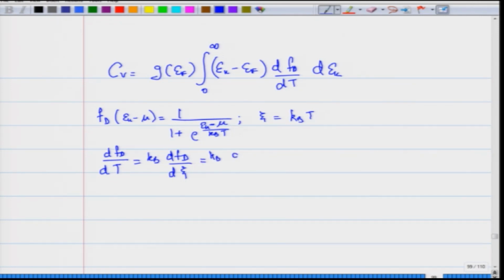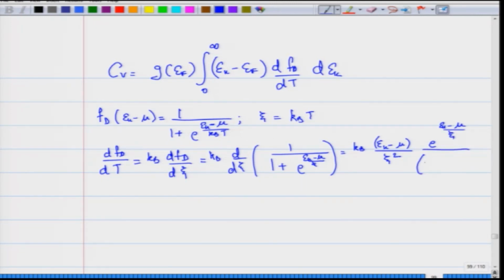So, this is kB into taking the derivative d by d zeta of this expression 1 by 1 plus e raised to (Ek minus mu) by zeta, and this would give me a term kB into (Ek minus mu) by zeta square times e raised to (Ek minus mu) by zeta divided by 1 plus e raised to (Ek minus mu) by zeta the whole square.